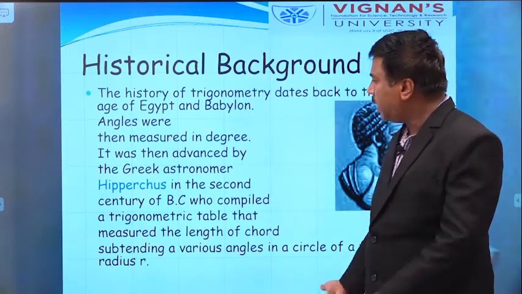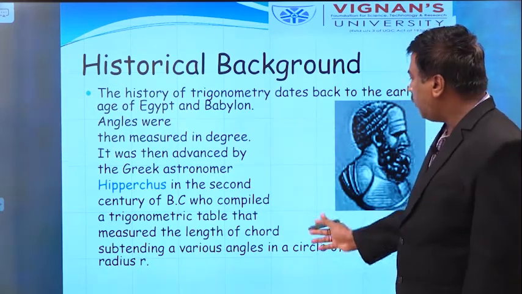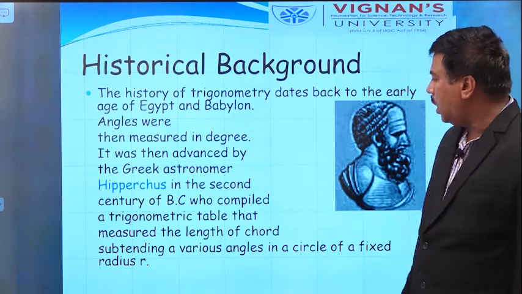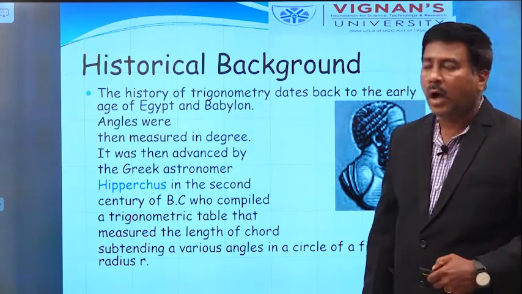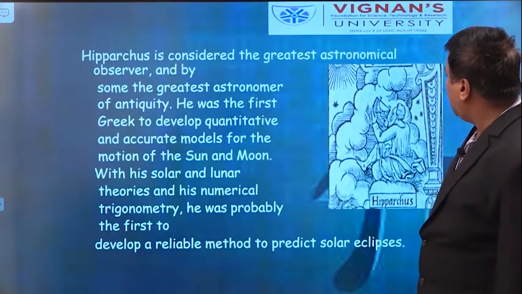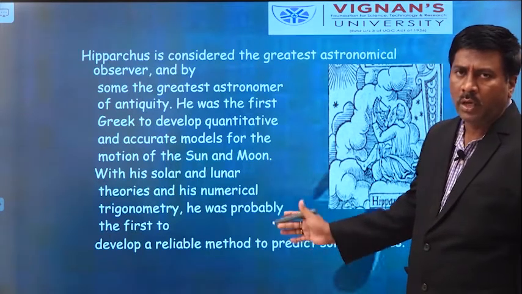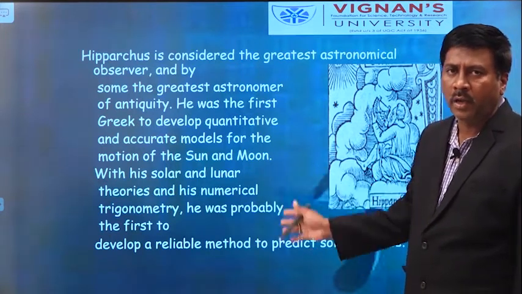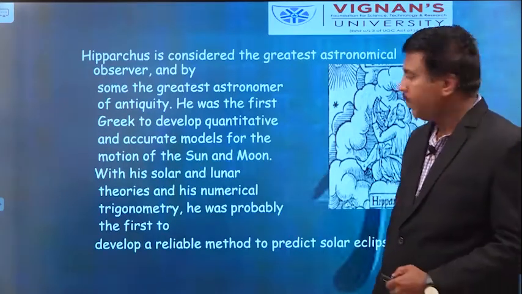So nowadays, trigonometric angles are found by using the length of the chord subtending the various angles in a circle of fixed radius r. So the trigonometric angles are to be measured in this way.